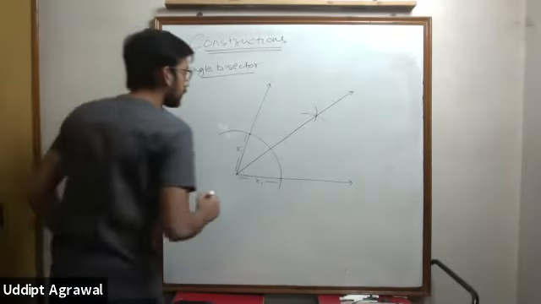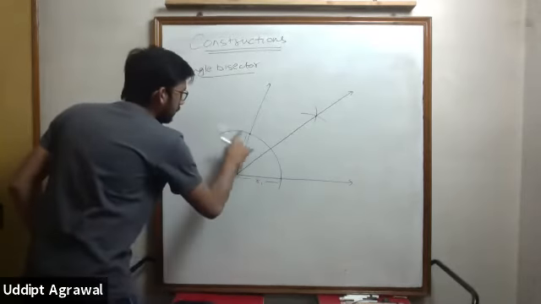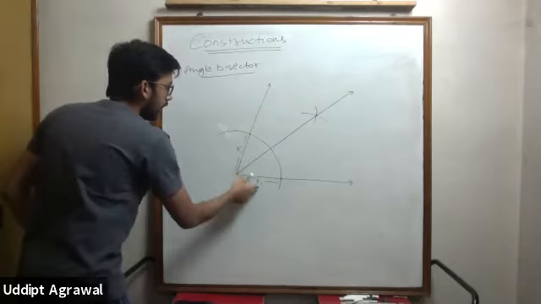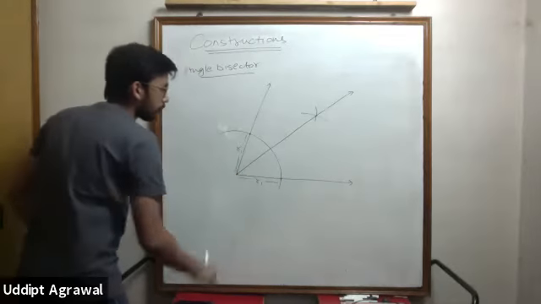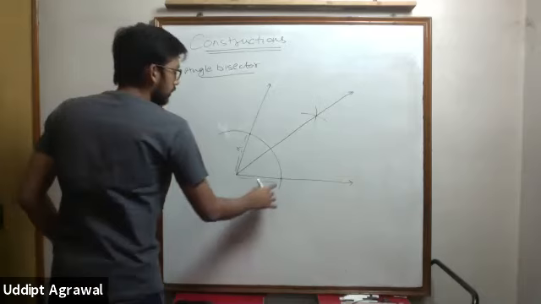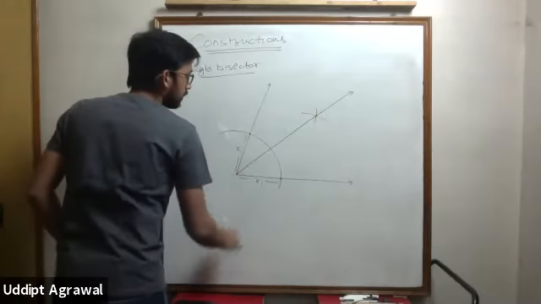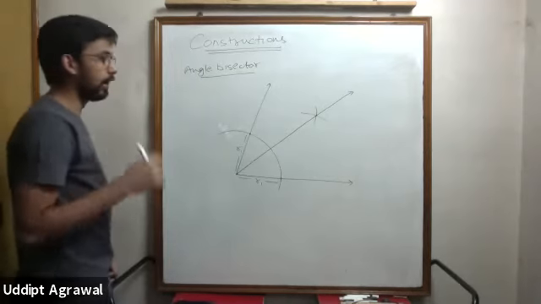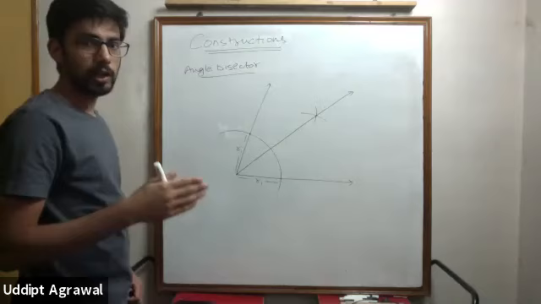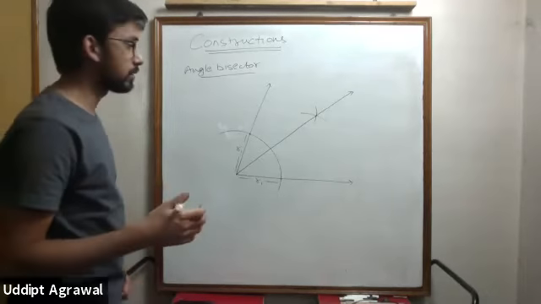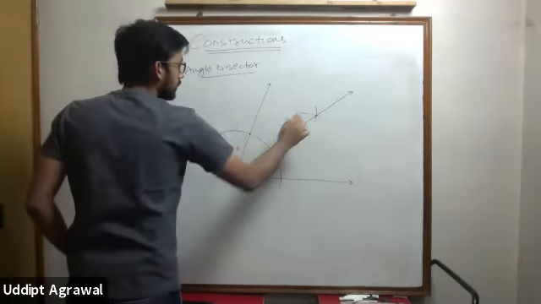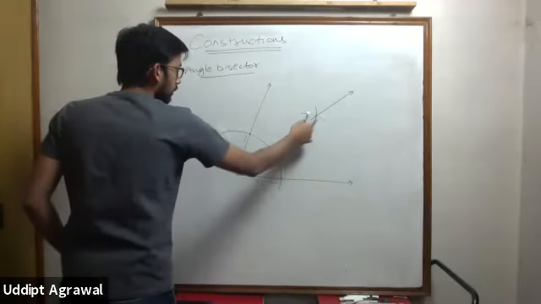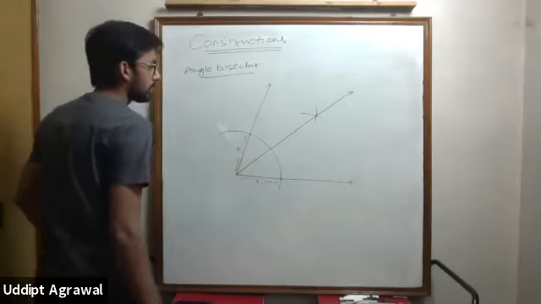Why is very important. So what is happening? First we are making this ray with the radius R1. So this distance from this point, this distance from this point is R1. Correct? Now taking these points as the centers and either changing the radius or keeping the same radius, we make one arc here and make one arc here, which on intersection and joining with this initial point will give us the angle bisector.